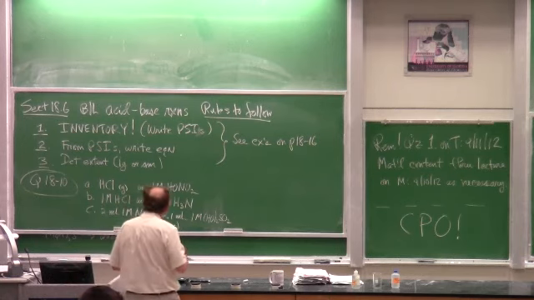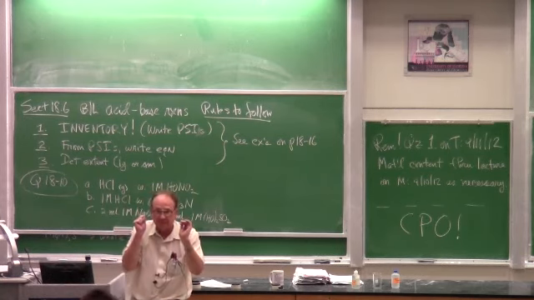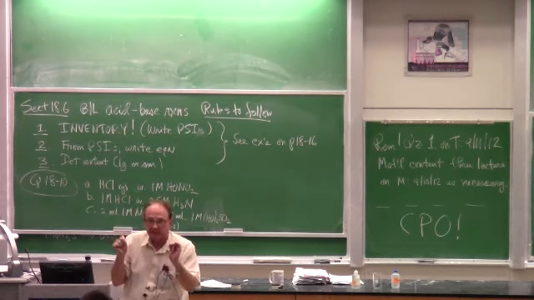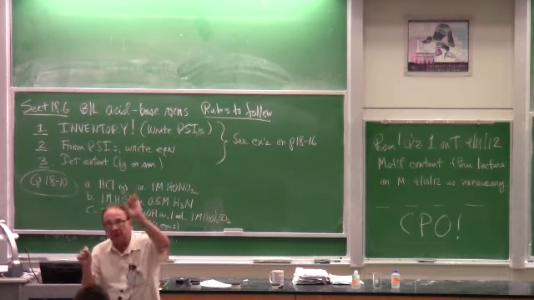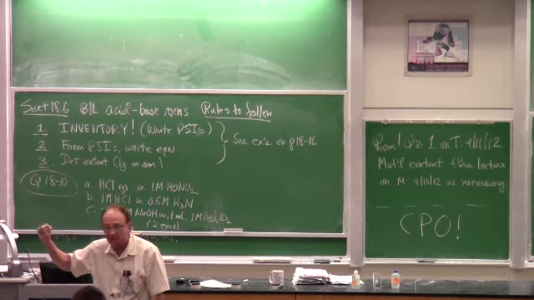So now, step 2, you look at your PSIs, and with the support of the acid-base table, you pick out the strongest acid, and you pick out the strongest base.